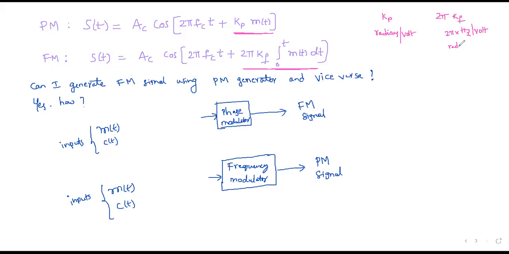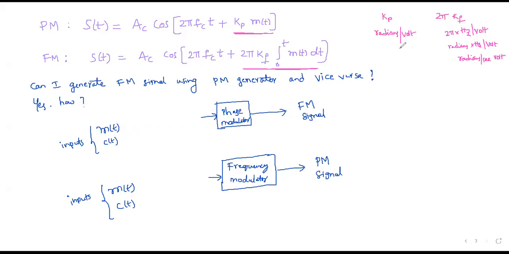So radians into hertz per volt becomes radians per second per volt.